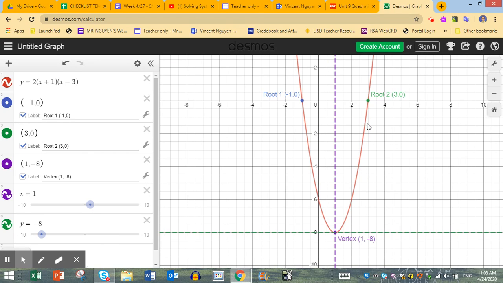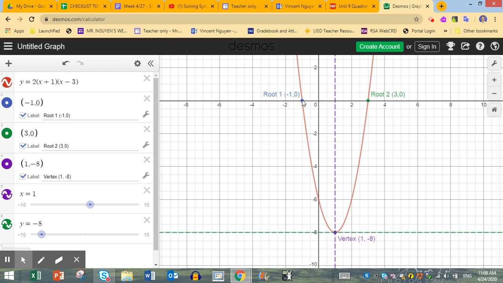So what do we have so far? We have a quadratic equation that gives a parabola that opens up. The reason it opens up is because this 2 right here is positive. If it was negative, it would open down. It gives us the two roots, which are the solutions, or better known as x-intercepts in this case because we have a graph.